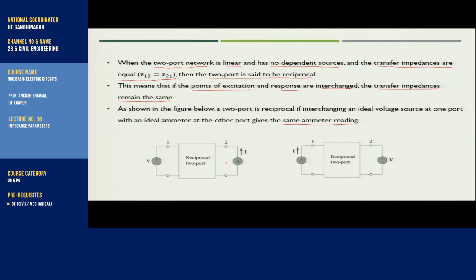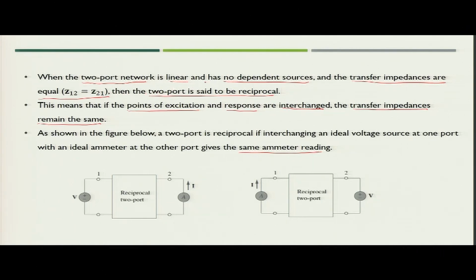In that way you can say that the circuit is reciprocal, and the conditions we have to verify are that first it has to be linear with no dependent source, then the transfer impedances should be the same, that is Z12 should be equal to Z21.